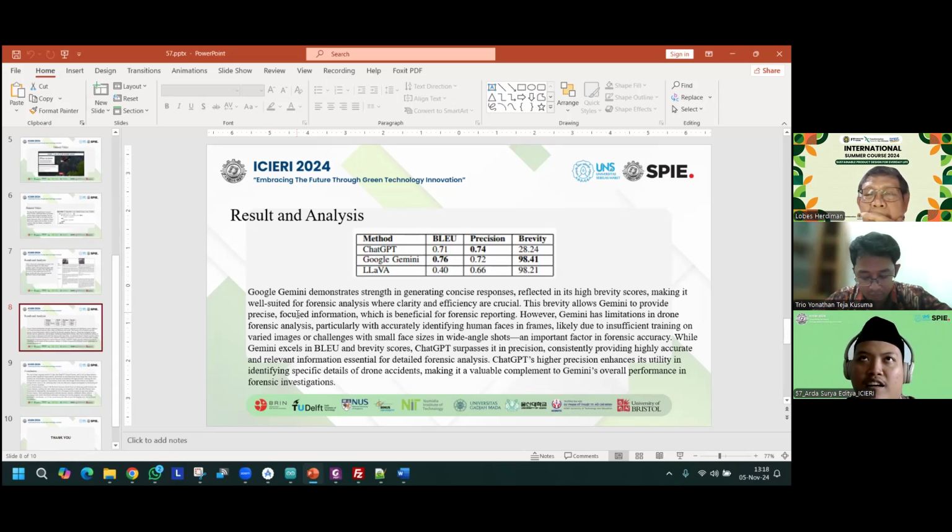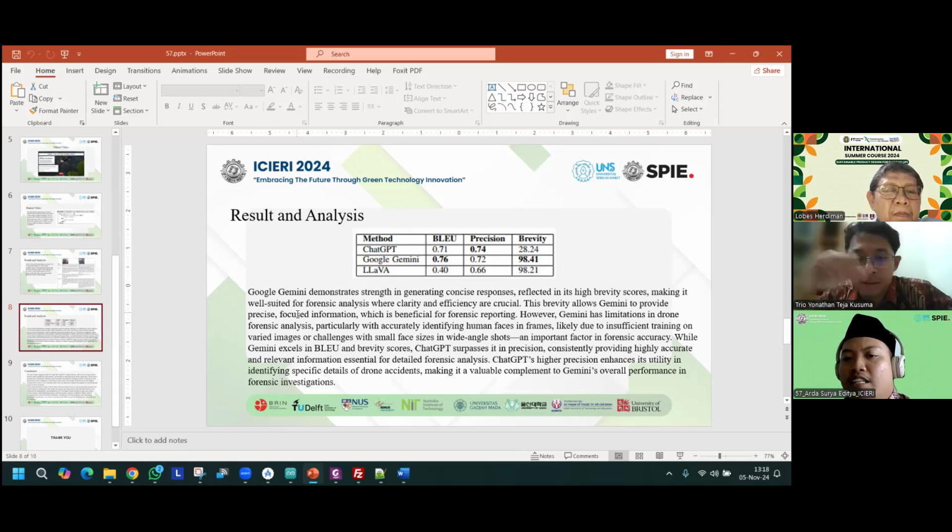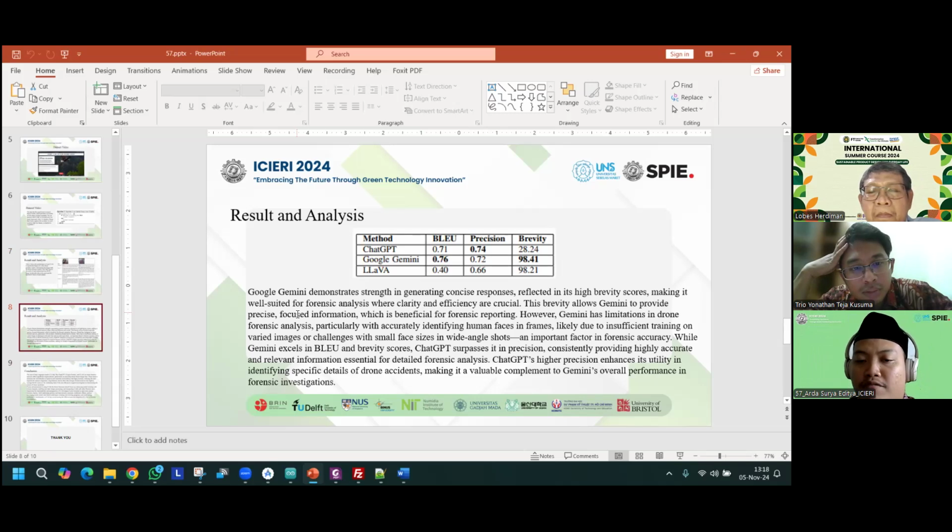Google Gemini demonstrates strength in generating concise responses, reflected in its high brevity scores, making it well suited for forensic analysis where clarity and efficiency are crucial. This brevity allows Gemini to provide precise, focused information, which is beneficial for forensic reporting.